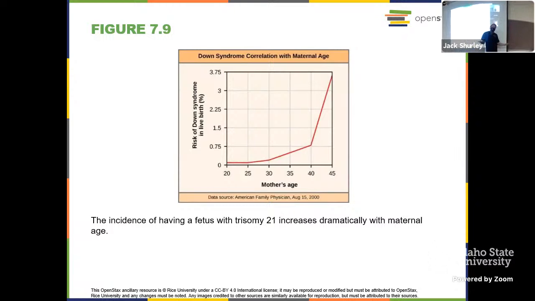And with the females, this is maybe a little more of a concern because the eggs that they have, not specifically the eggs, but the diploid cells that will in turn create the eggs through meiosis once puberty starts, all of those diploid germ cells, they're there when you're born. So you have them, they just haven't started this process of meiosis, right? And once puberty starts, that's when this process starts going.